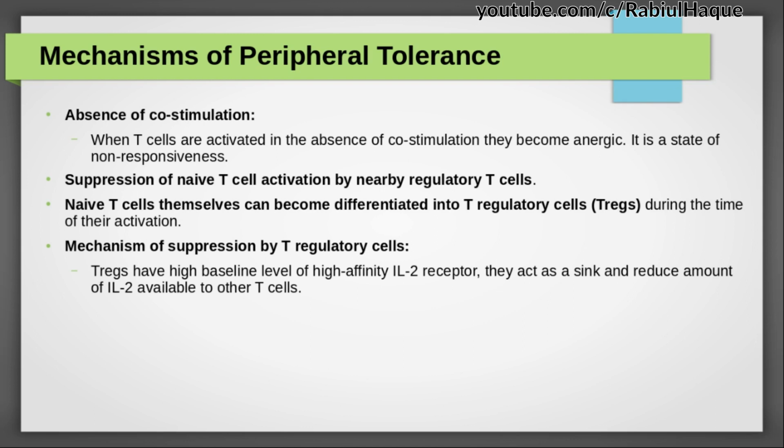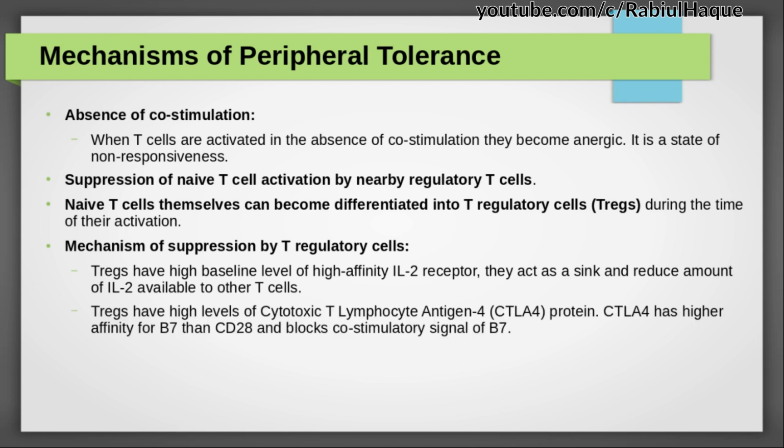Tregs also have high levels of cytotoxic T lymphocyte antigen 4 protein. And always remember, CTLA4 and CD28 compete for binding with B7, but CTLA4, that is located on the surface of T lymphocytes, has higher affinity for B7, that is located on antigen presenting cell, compared to CD28.